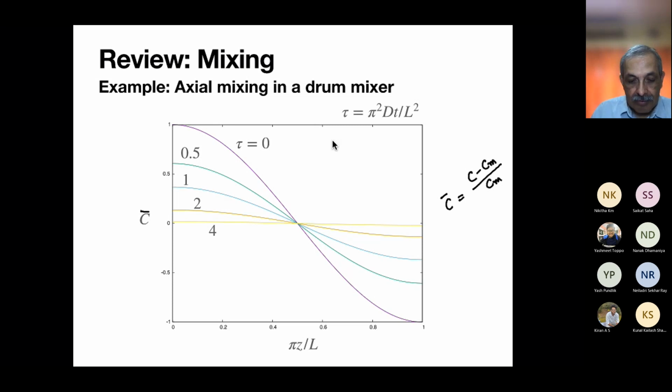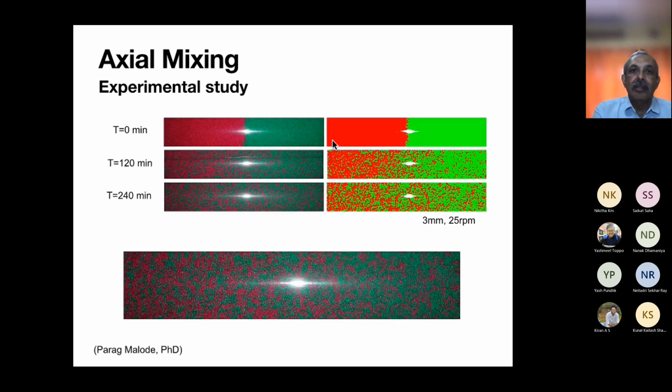Now, this I didn't tell you about last time, but I thought that I'll show you that in fact this type of thing works. Here, what I'm showing you are results of an experimental study, and we are seeing the top view of a rotating cylinder.